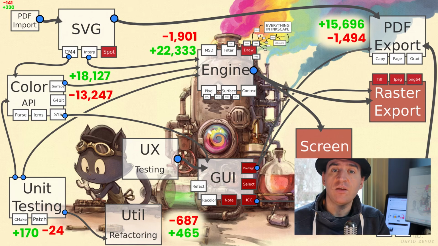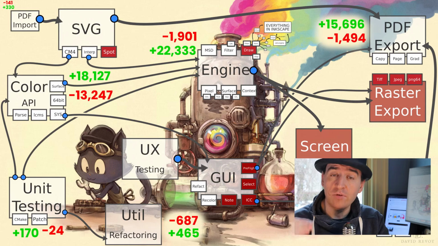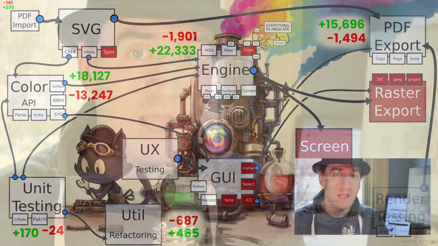As you can see, everything from the color API to the PDF work, to all of the unit test changes and stuff. Each one of these things has actually been a significant project, and it's thanks to being able to spend a year and a half going through each of these large projects without really a material output yet.